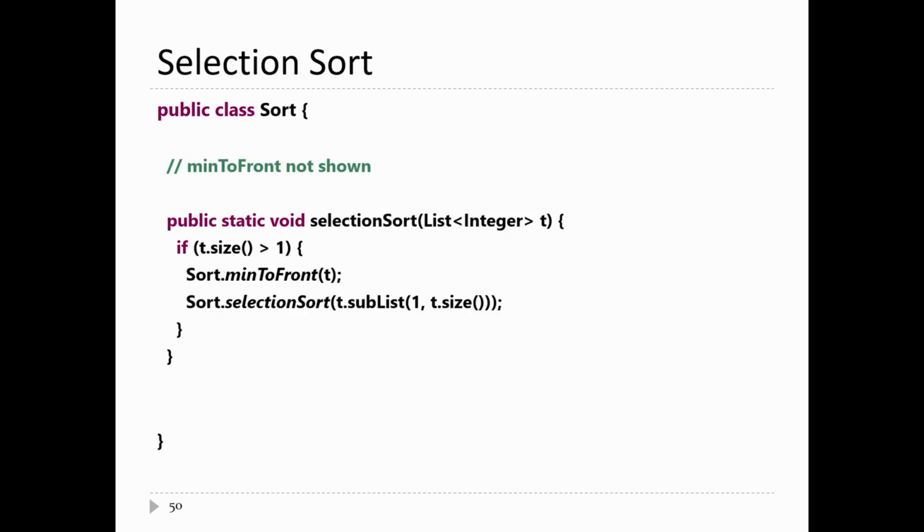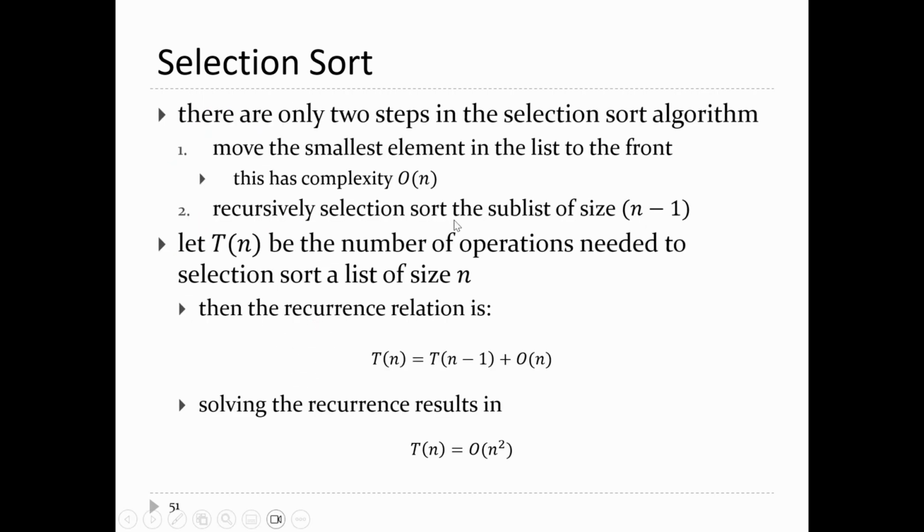Now the problem is when you analyze this thing, it's a recursive method. So you now have to decide, how do I figure out what the complexity of selection sort is? The second step is you're recursively going to sort a list of size n minus 1. Hopefully you know what a recurrence relation is by now.